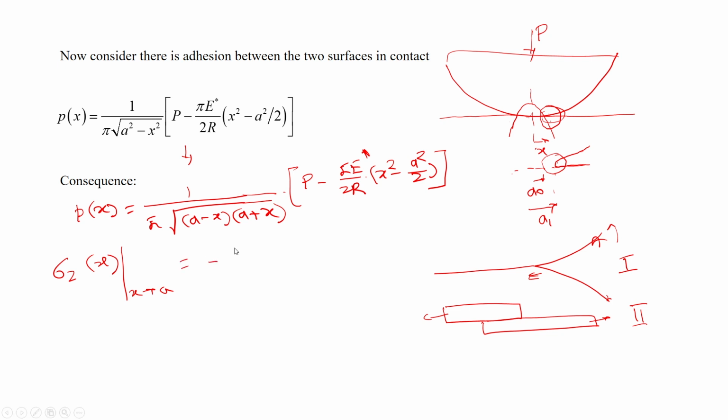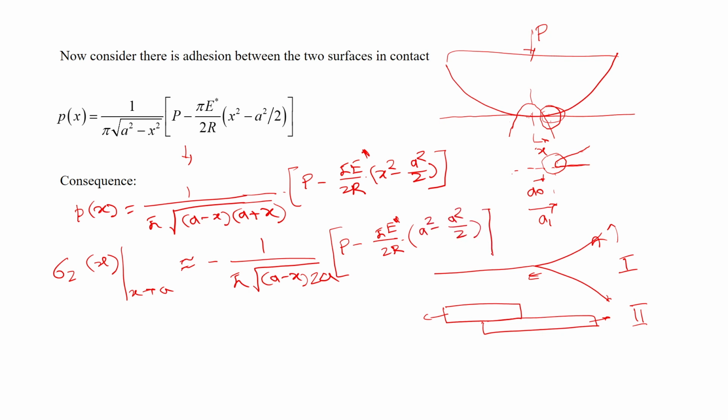So, it is minus 1 over pi, and I say it is almost equal to, it is here, a minus x, and since x tends to a, I put x equal to a. So, I get here 2a, and here this is p minus pi E star by 2R, and again x is equal to a, so it is a squared minus a squared by 2, like that.